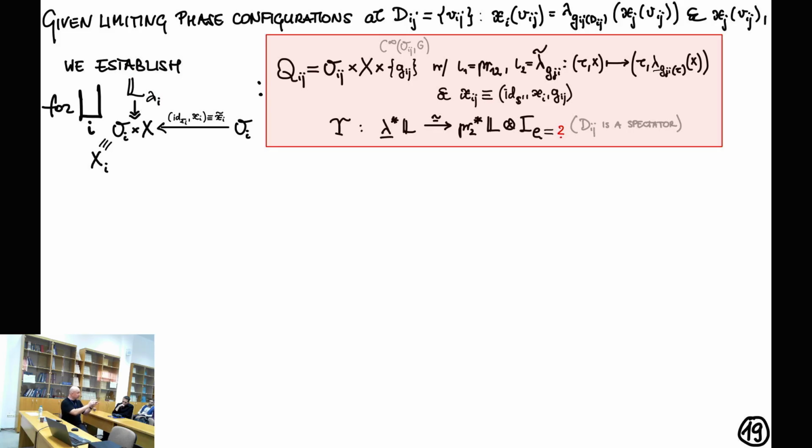Now I just described the junction. But the junction can be easily modeled as O_IJ, which is where the gluing happens, the intersection of the two trivializing opens, O_I and O_J, times X. There I sit with one of the fields, say the one to the left of the defect. And then the two maps are the projection to that map, to the left of the defect, and action with g_IJ evaluated at the junction point.